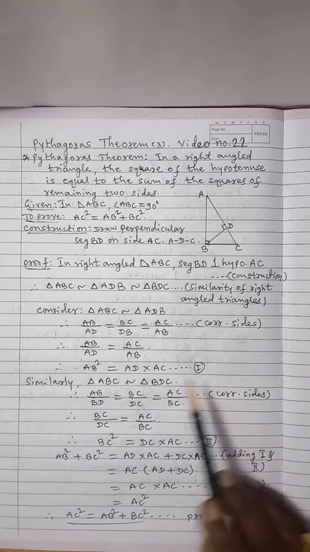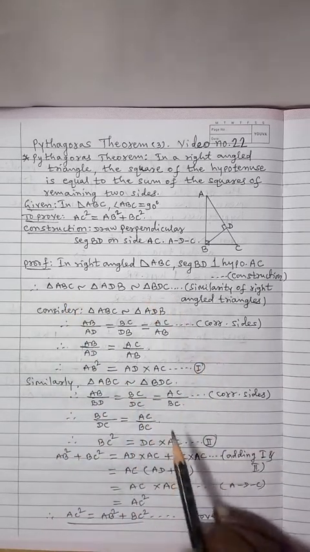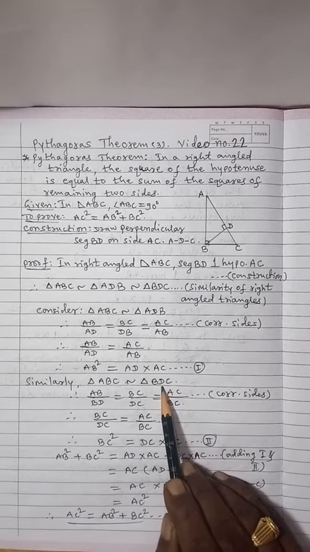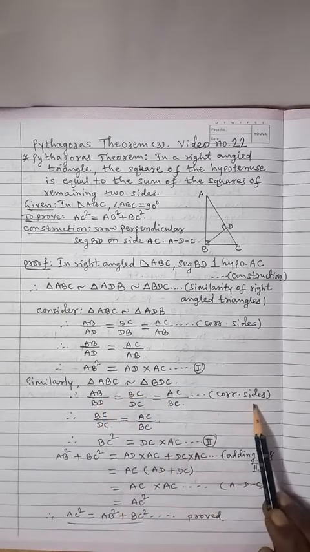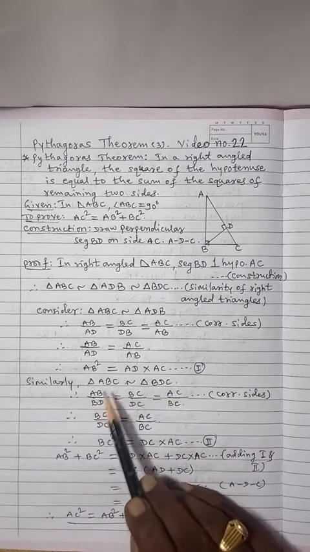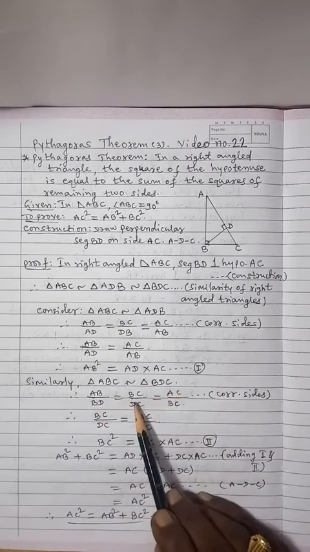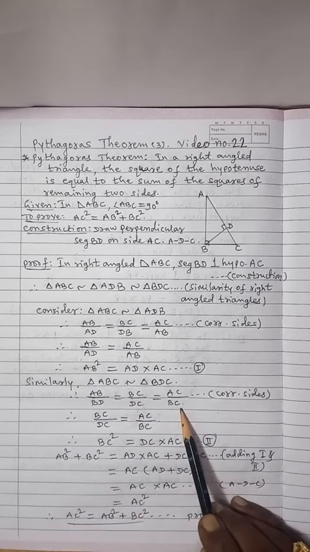Similarly, consider triangle ABC similar to triangle BDC. Here is the result. Triangles are similar, so corresponding sides are in proportion, and we get AB upon BD is equal to BC upon DC is equal to AC upon BC. Here we have to find out BC square.